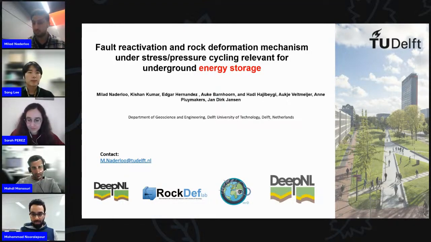You can see all those researchers or supervisors in the top row, Auke, Anne, from the experimental side, and Heidi and Yander Janssen from the numerical and mathematical side. Then you can see fellow PhDs and master's students in the bottom row, who are all involved in this research, and I wanted to thank all of them.